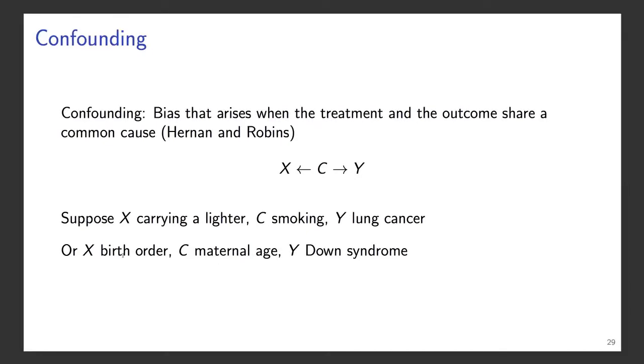Or maybe X is birth order, C is maternal age, and Y is Down syndrome. We might see an association between birth order and Down syndrome in the population, but that's just due to the common cause, maternal age. Older mothers are more likely to have children that have Down syndrome, and older mothers are more likely to have had previous kids.